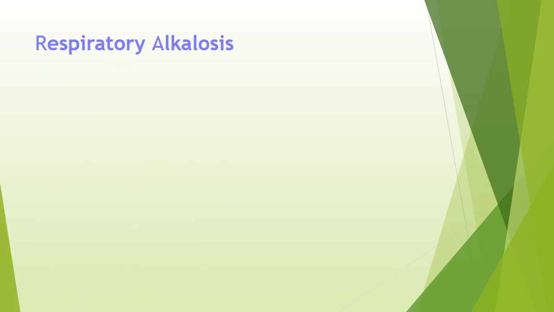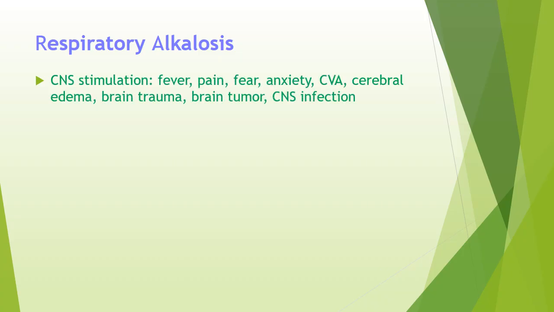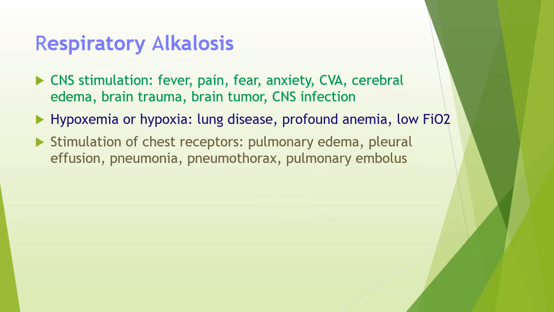Respiratory alkalosis, we can see in some of the disease conditions. Let's go through one by one. In central nervous system stimulations like fever, pain, fear, anxiety, CVA, cerebral edema, brain trauma, brain tumor, central nervous system infections, the respiratory alkalosis can be seen.